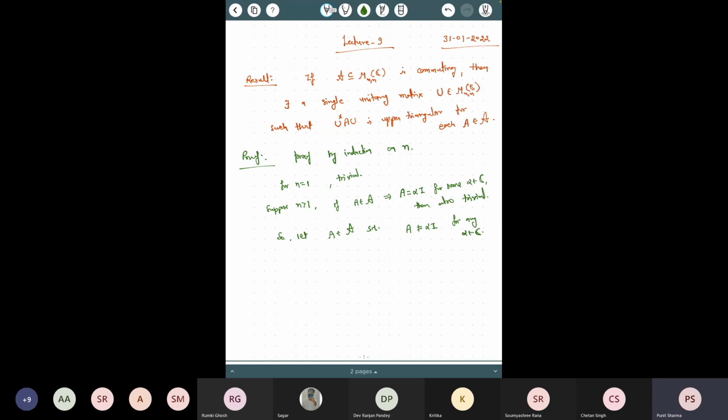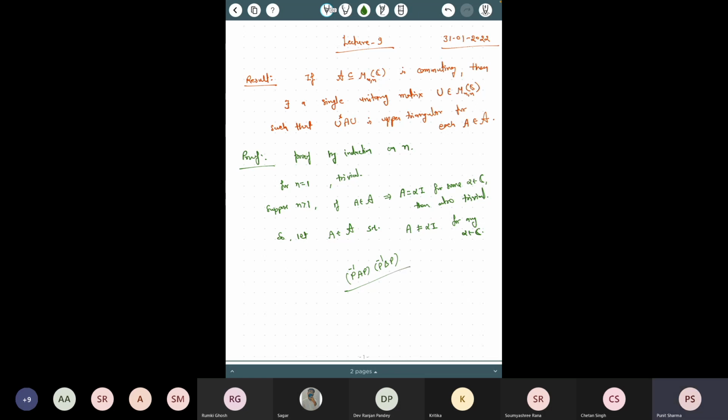So I took a matrix A there, and since it is diagonalizable, there would be an invertible matrix P such that P inverse AP is diagonal. Then since this family is commuting, if you take any two matrices A and B, then P inverse AP and P inverse BP are also commuting.